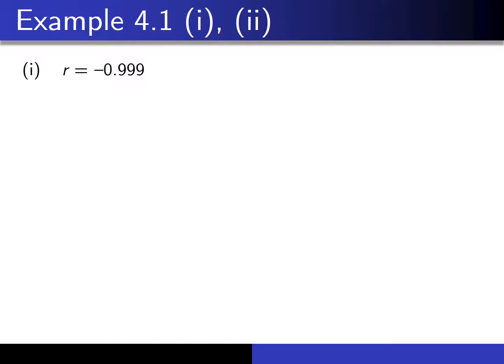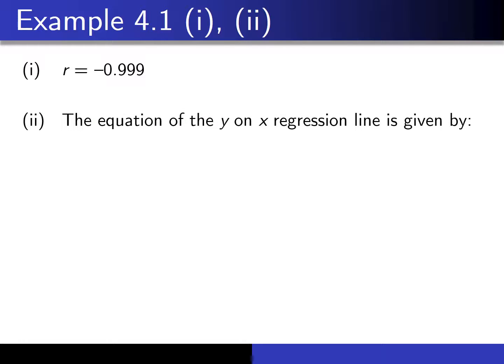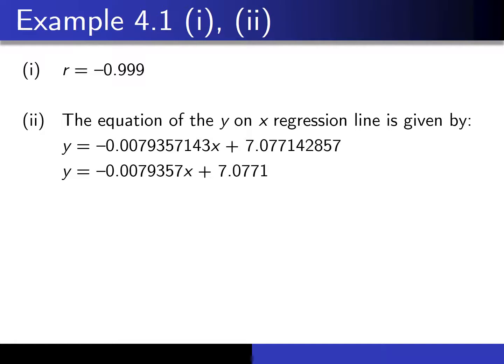For Part 1, r equals -0.999. For Part 2, since the reading on the instrument depends on the amount of vitamin C in the solution, we should use the Y on X line, even though we are estimating X from a given value of Y. The equation of the Y on X regression line is given by Y equals -0.00793557 X plus 7.0771.